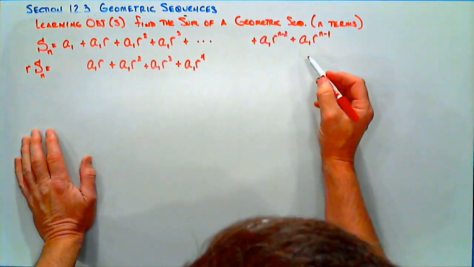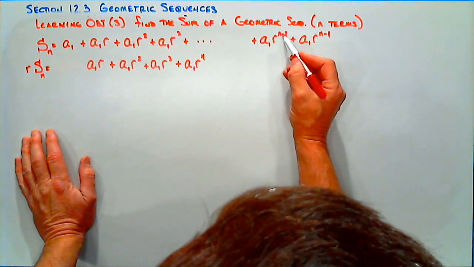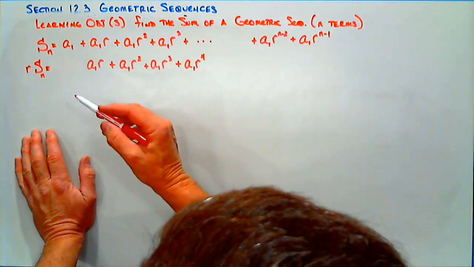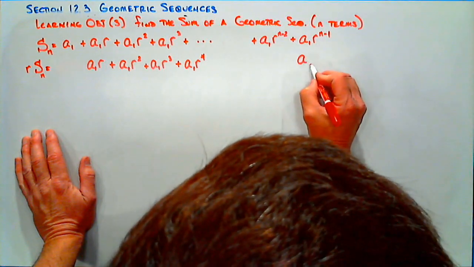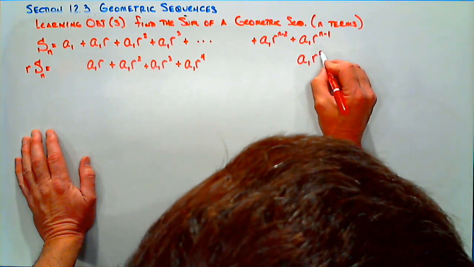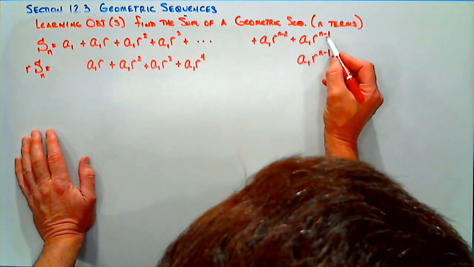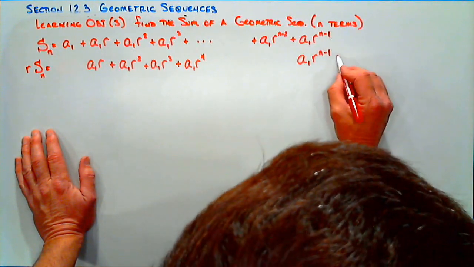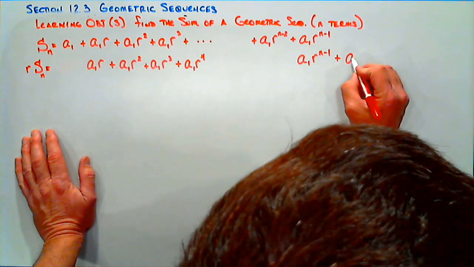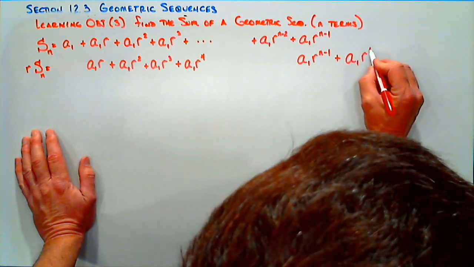Now, I have to multiply a1r to the n minus 2 by r, that means I'm going to get a1r to the n minus 1. And I have to multiply a1r to the n minus 1 by r, that's going to give me a1r to the n.